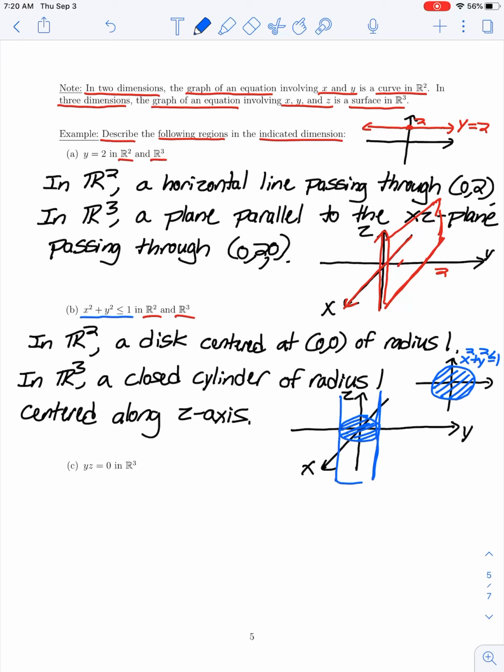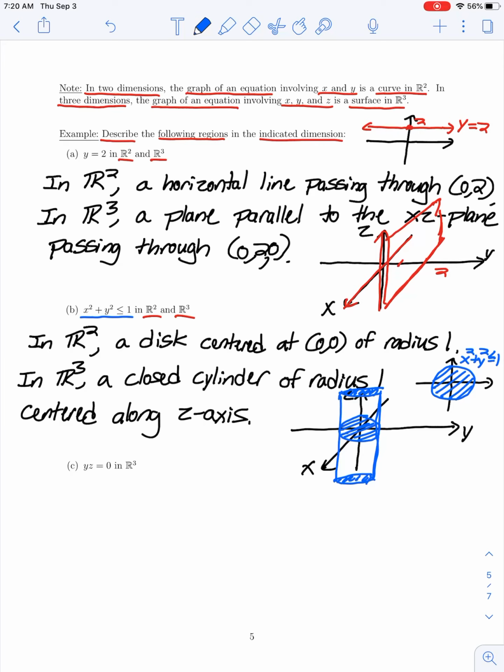So this disk is being extended along the z-axis, because z could be any value. And we see here that we would have this circular cylinder centered along the z-axis of radius 1. So let's look at our last example. In part C, we have the equation yz is equal to 0.